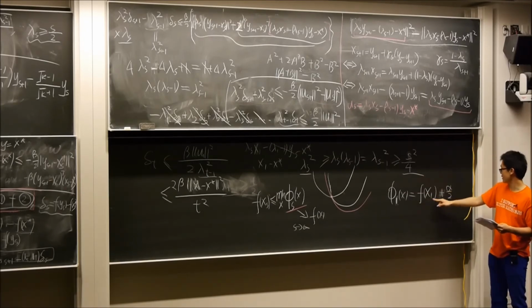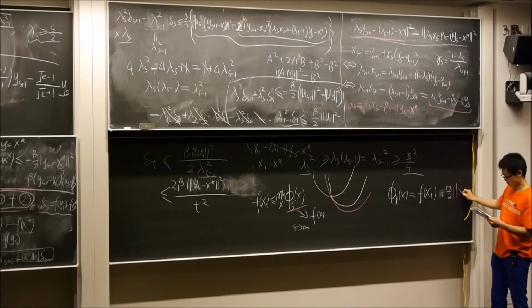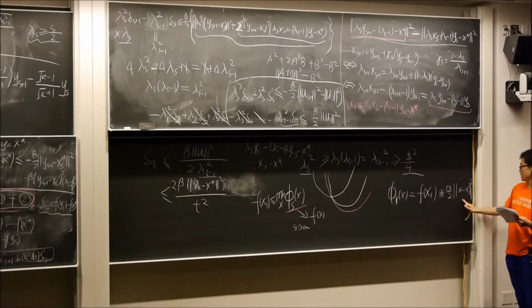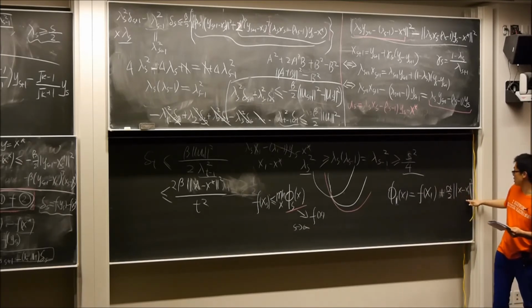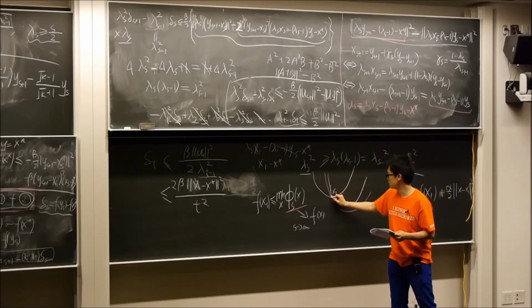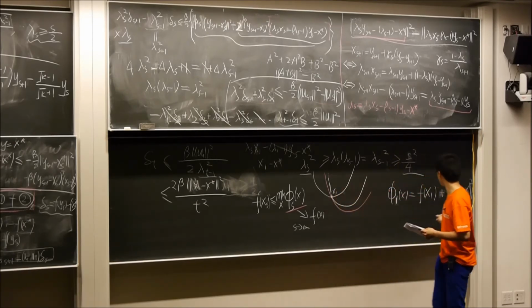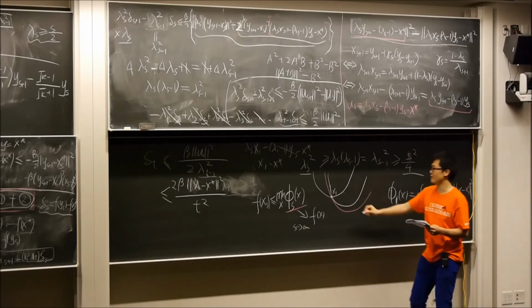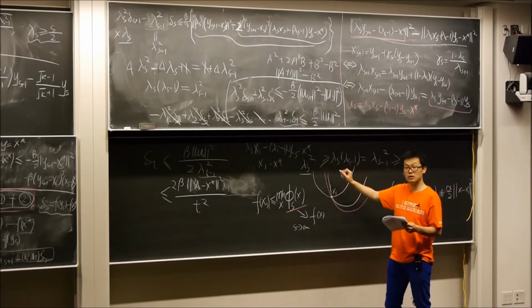So this is basically a constant, and as you can see, this function is exactly f at x1 when we take x equals x1, and it is always greater than that as a quadratic function.